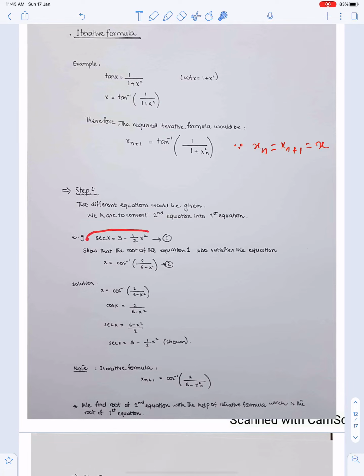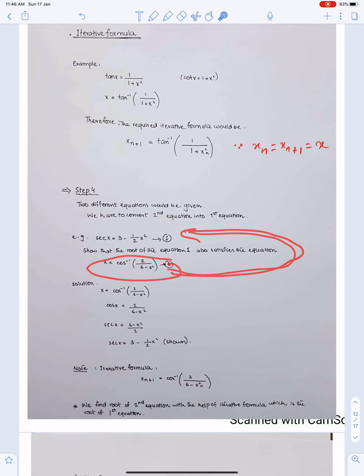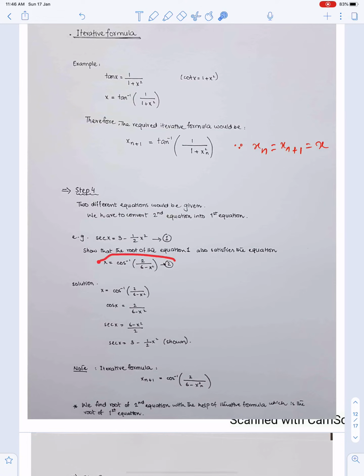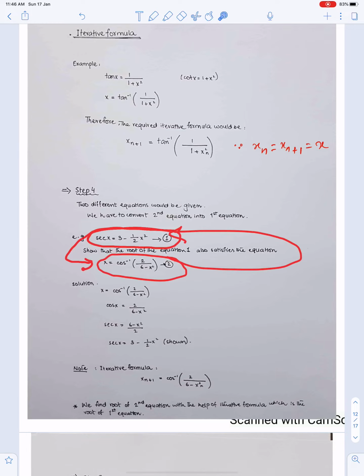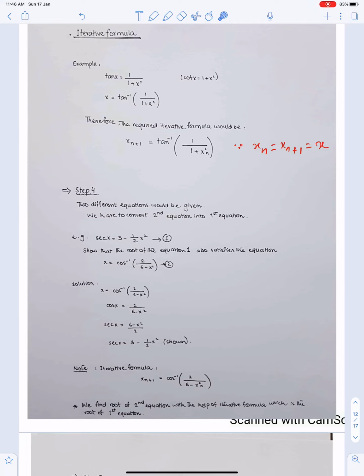Meaning, the root of this equation also satisfies this equation. So basically, you need to show that both equations are the same. Both equations have a common root. So always convert this equation into this equation form. Because if both have a common root, that means both equations are the same.